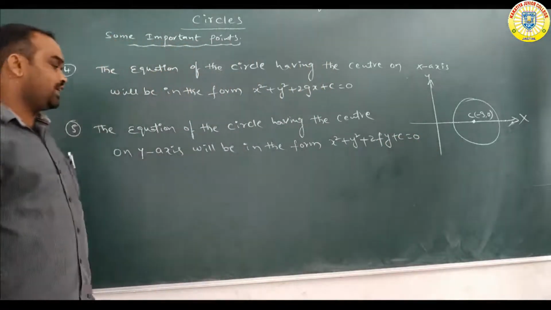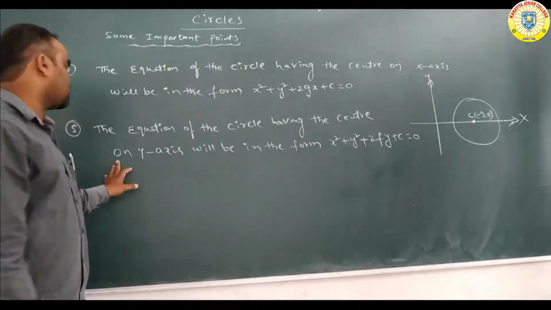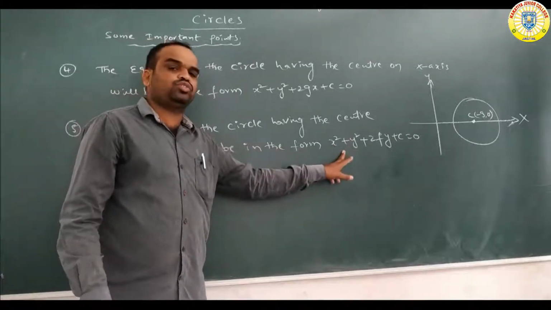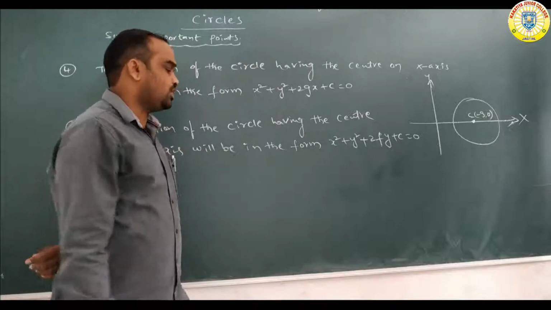Understand? See again repeating. The equation of the circle having the center on y axis will be in the form x² + y² + 2fy + c = 0.